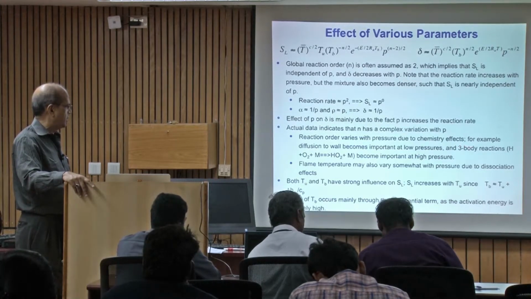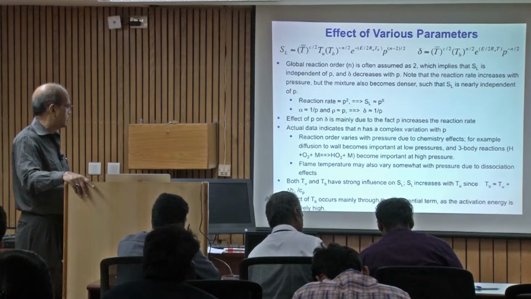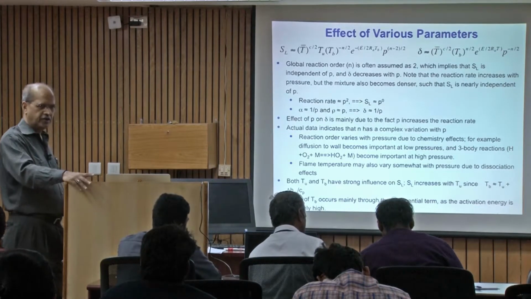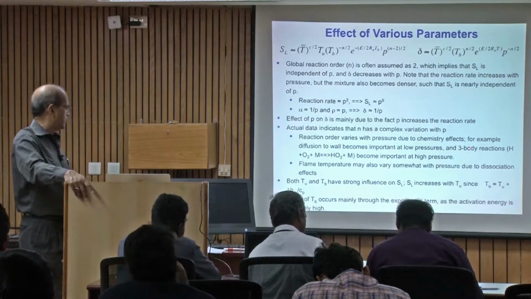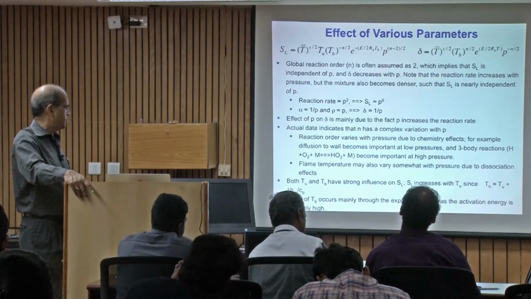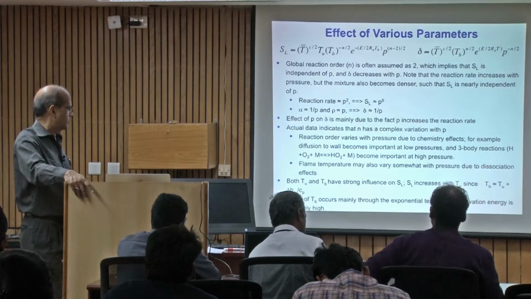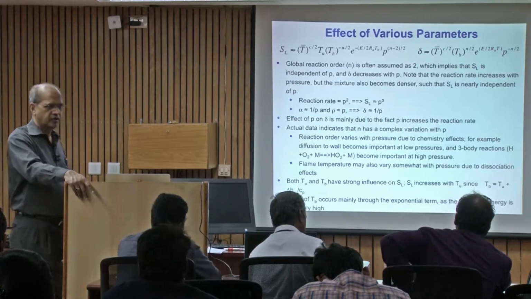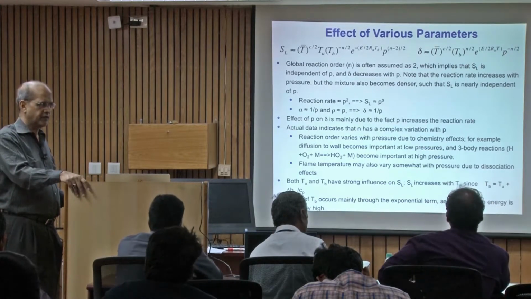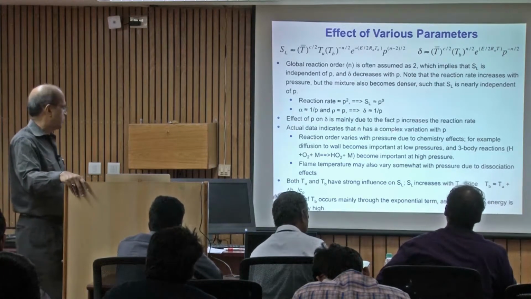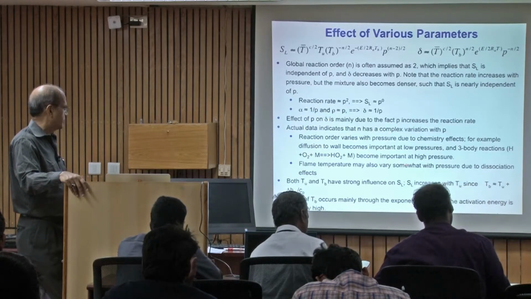And then three-body reactions become important at high pressures. So the reaction order can change a lot with pressure. And the flame temperature can also vary somewhat with pressure. We looked at the chemical composition and remember there was some effect of pressure. So that can also change the flame temperature.